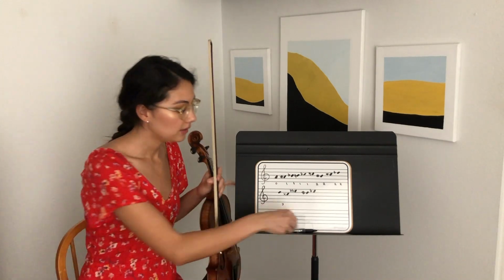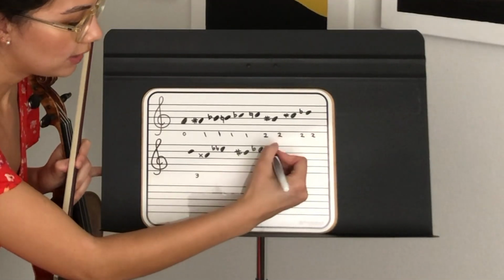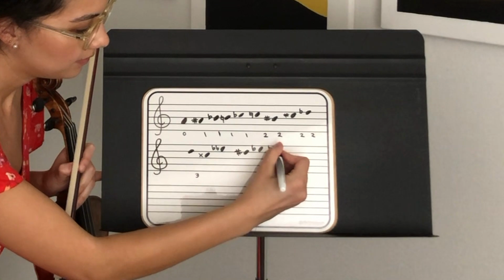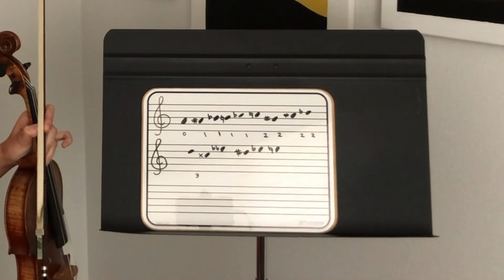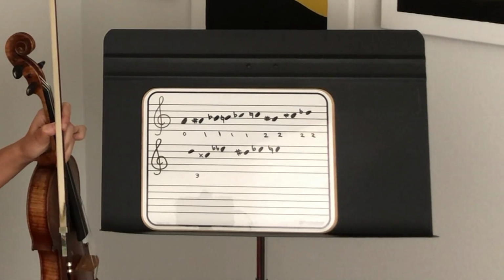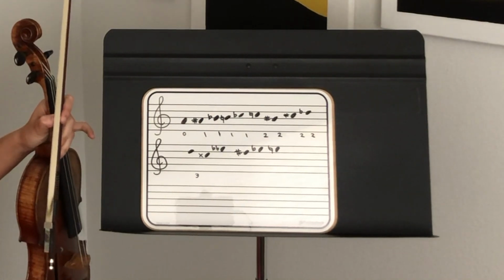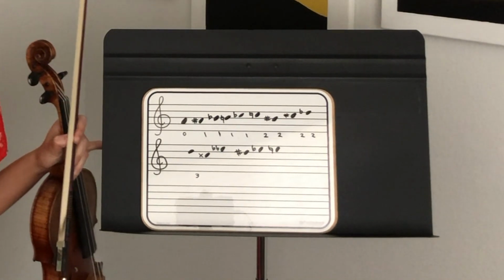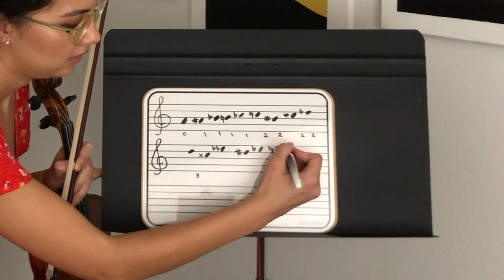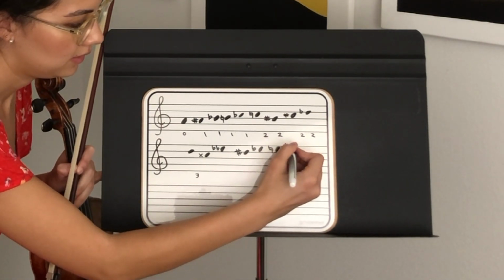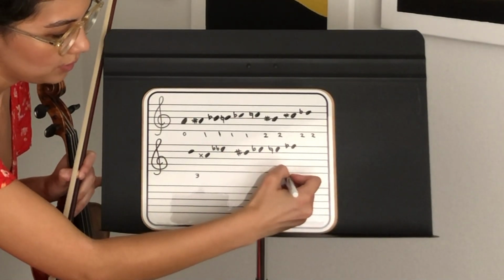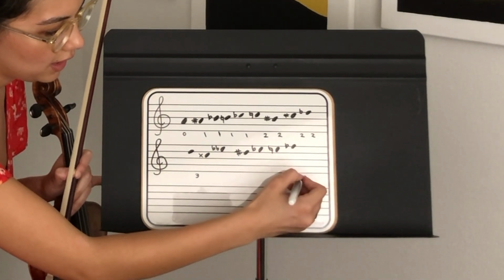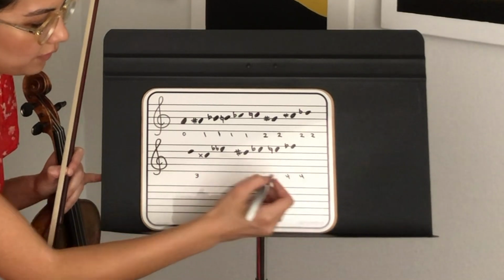And then the next note is E natural. E natural could also be called D double sharp, or it could also be called F flat. In E natural we can play our 4th finger, and F flat we can also play our 4th finger.